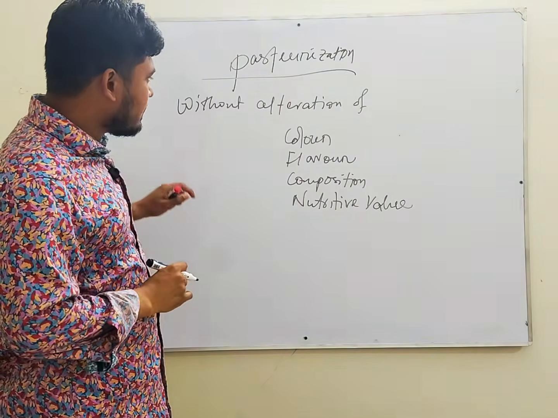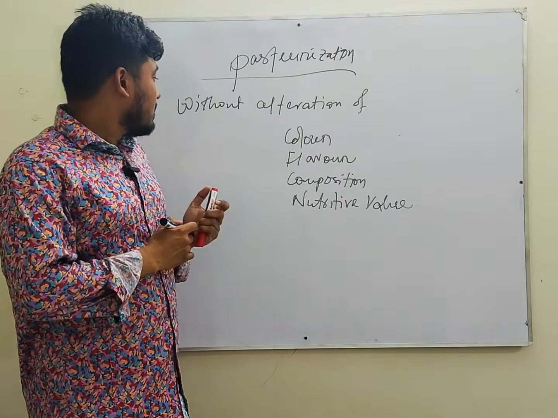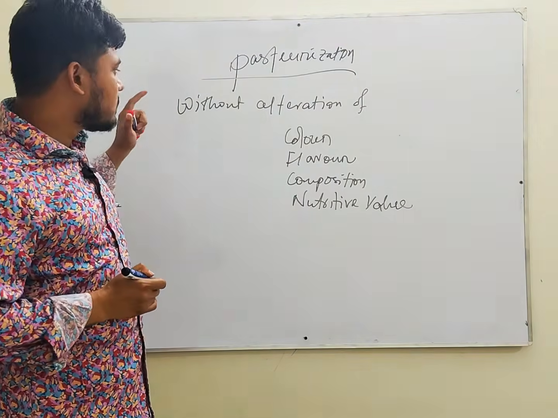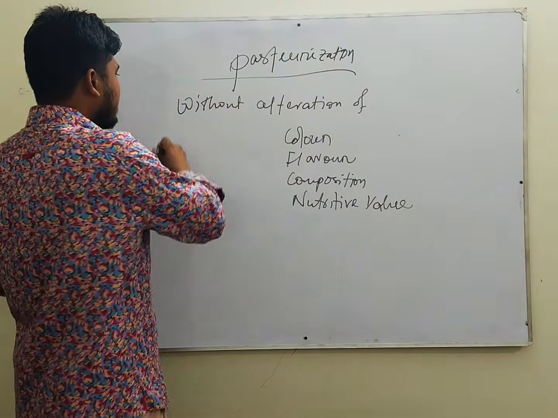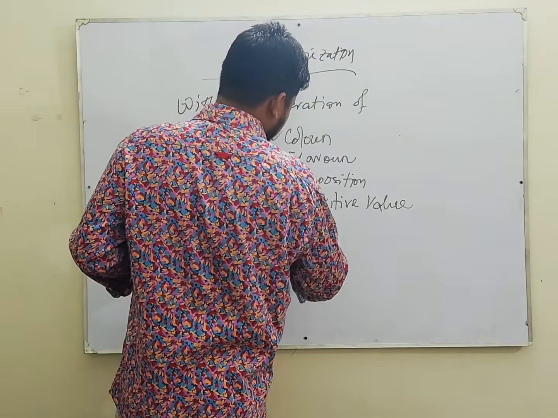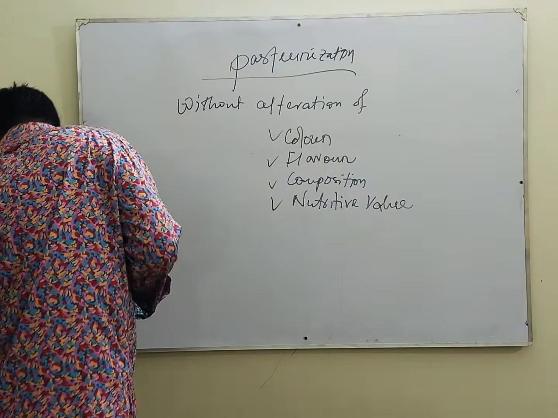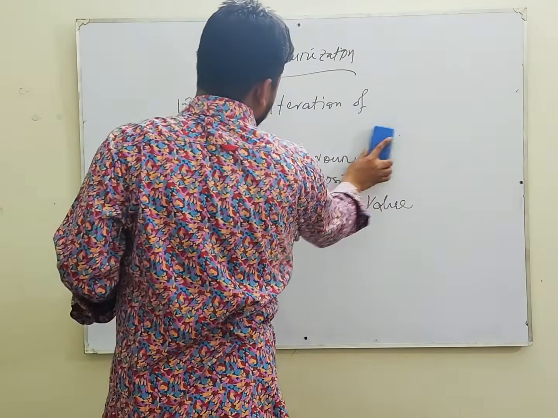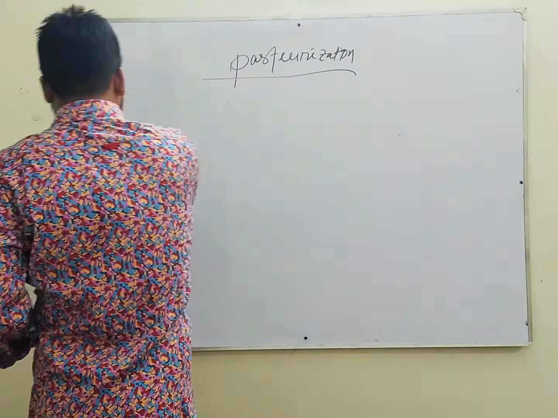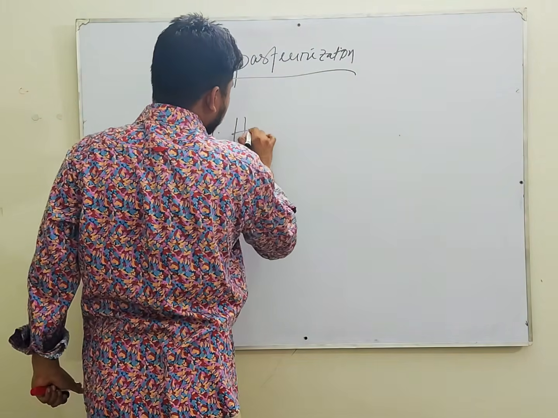Pasteurization is the process in which milk is heated up to such a temperature to kill microorganisms within milk without alteration of color, flavor, composition and nutritive value. This is called pasteurization. Pasteurization is three types. Number one, holding method.